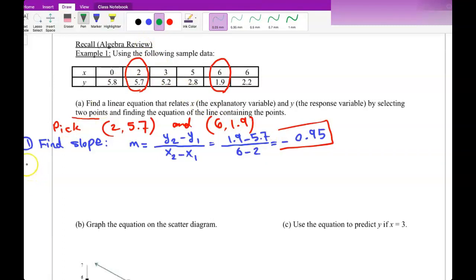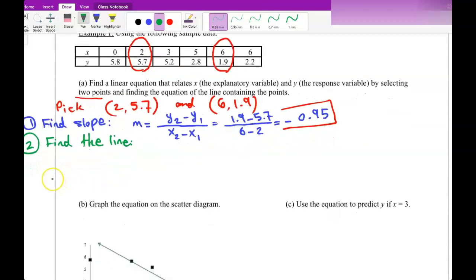Now we want to find our line. So step 2. Using point-slope form, we have y minus y1 equal to the slope multiplied by x minus x1.